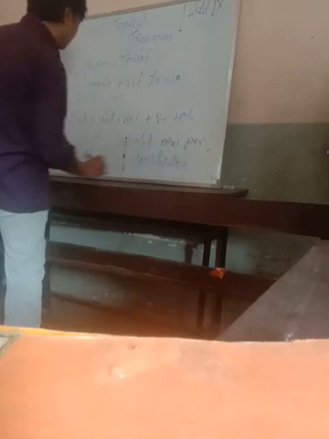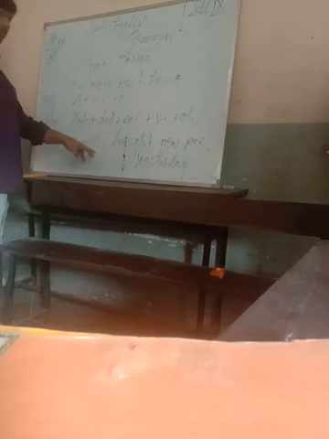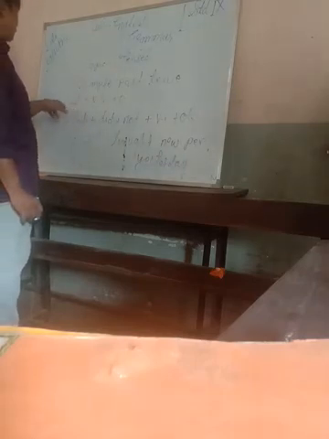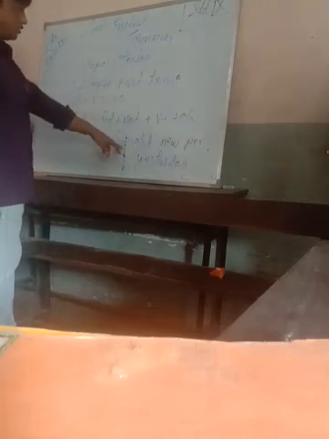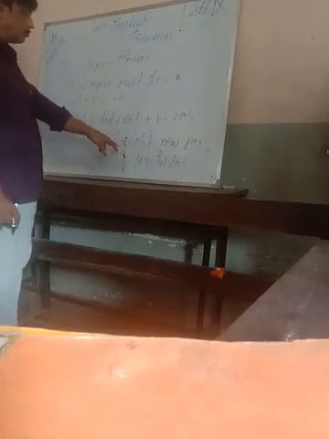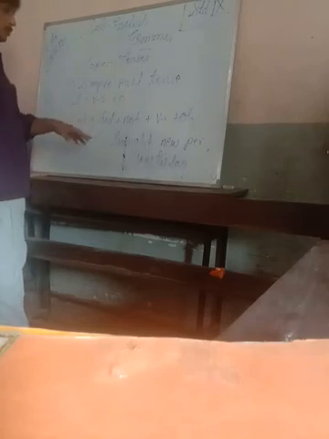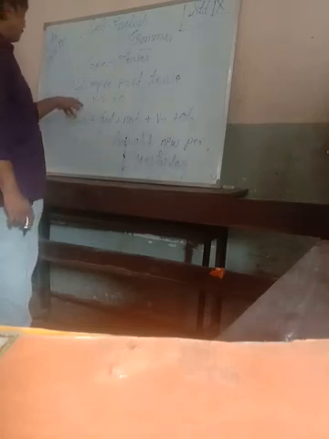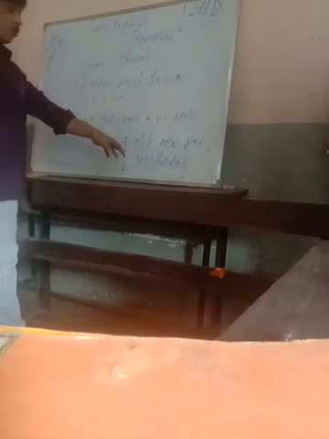See this sentence, I bought a new pen yesterday. What do you see? This sentence is matching with the first one, affirmative. Subject is I, V2 is bought, the second form of buy, right? The first form of buy and the second form is bought. Then the object comes here, new pen. This is an object and yesterday is an additional. So you can see here, as per the first formula, all the words are in order.